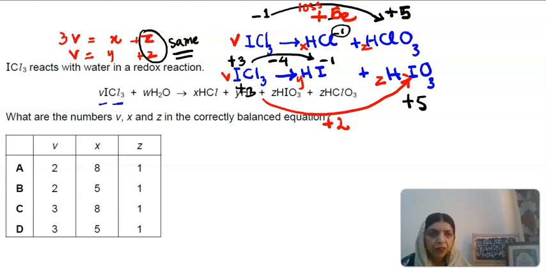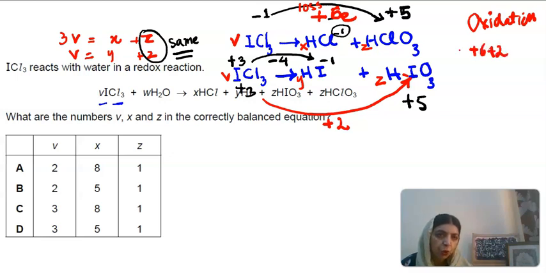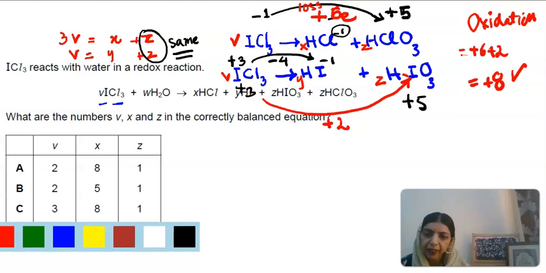Now you have 2 oxidations and 1 reduction, and you need to balance the number of electrons. So the oxidation change is +6 +2, total oxidation change is +8. It means a loss of 8 electrons. So in a balanced chemical equation, the number of electrons should be balanced. So here a loss of 8 electrons, then in the reduction part, there must be 8 electrons.